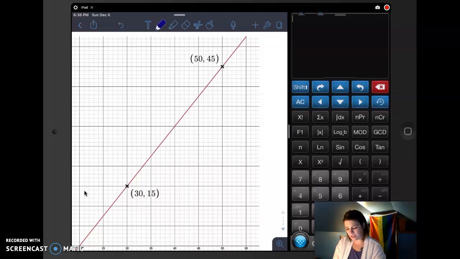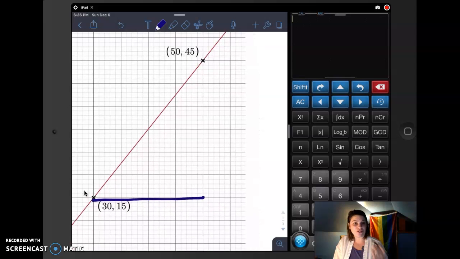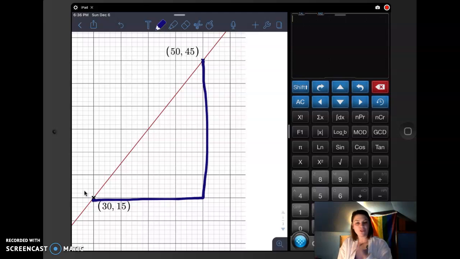We're going between, in the run direction and the x direction, we're going from 30 all the way to 45, and then in the other direction, in the y direction, the rise direction, we're going from 15 all the way up to 45. Oh, I think I misspoke. We were going from 30 to 50 here, and then from 15 to 45 here.